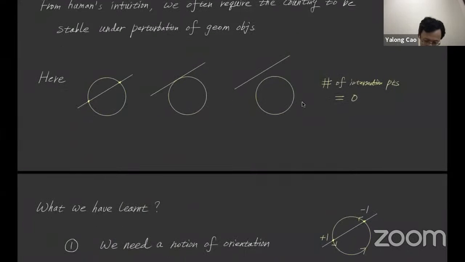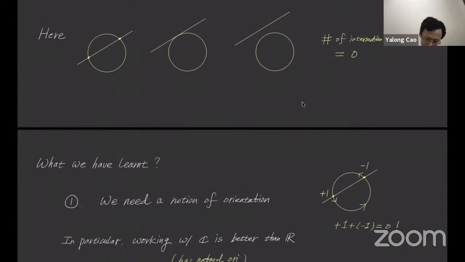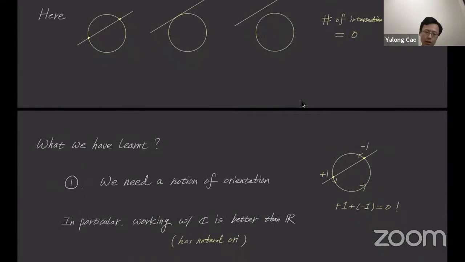So what have we learned from this example? The first thing we learned is that we need to introduce a notion of orientation. Let's orient this circle like this. You can also orient it in another direction.